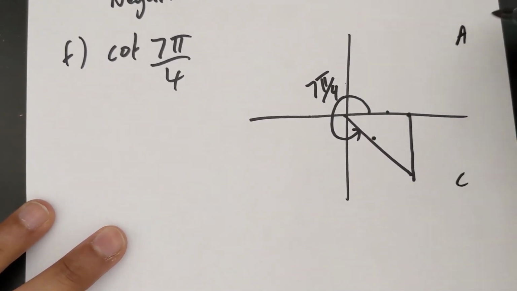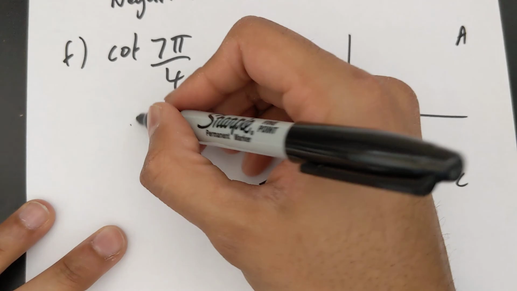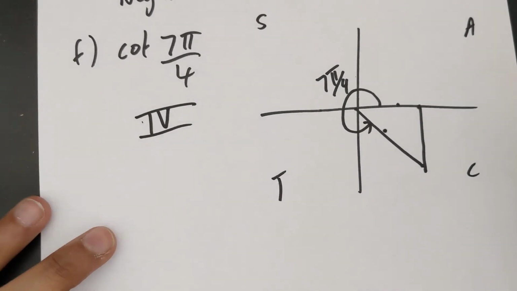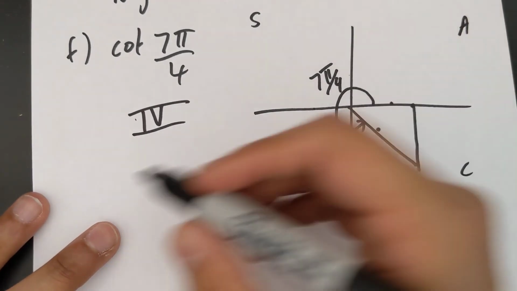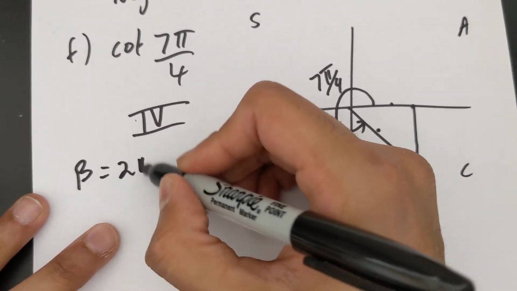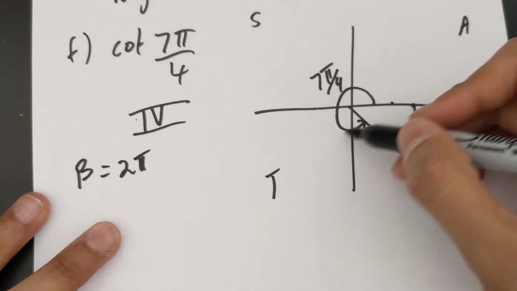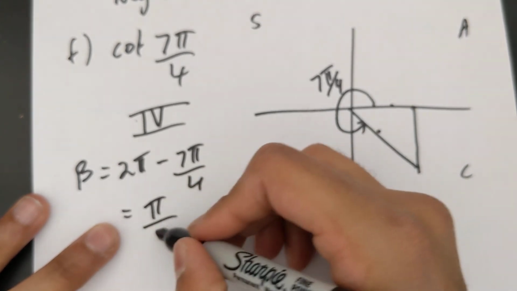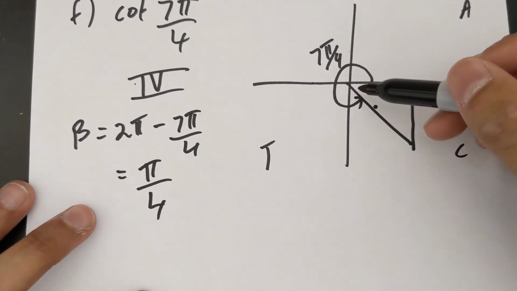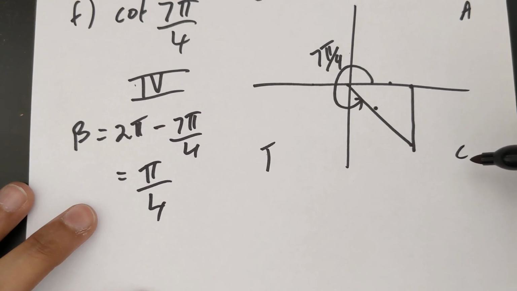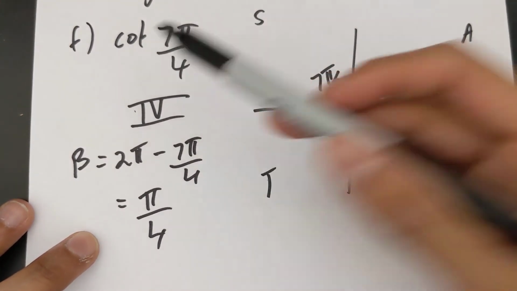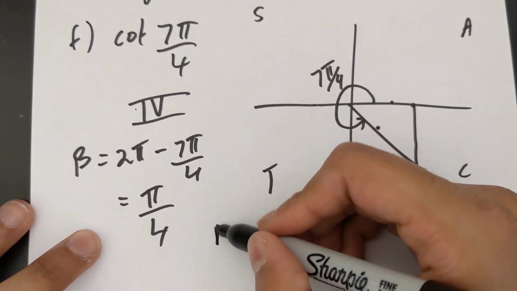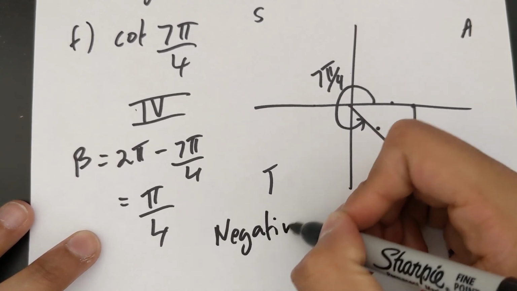I use CAST. Basically it's going to be in quadrant number 4. My beta is 2 pi, basically this tiny angle, 2 pi minus 7 pi over 4, which is just pi over 4. And in this quadrant right here, only cos is positive. We have cot in the equation, which is the same as tan, so that's going to be a negative ratio.